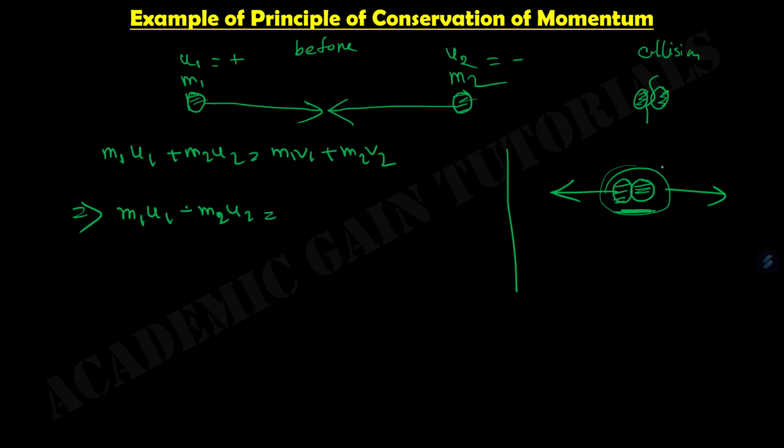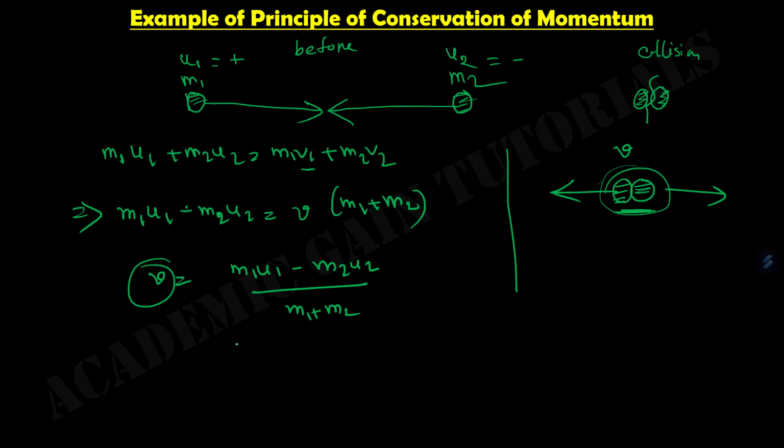As both objects move together with the same velocity v, we can replace v1 and v2 with v, and if we take v common, we get m1 plus m2. So we can write the final velocity v as m1 u1 minus m2 u2 divided by m1 plus m2.